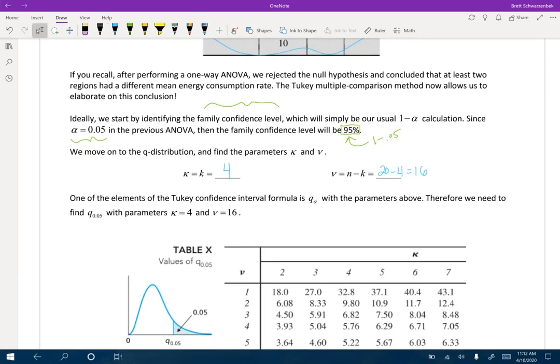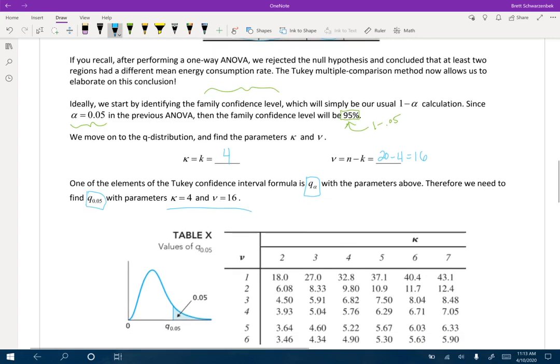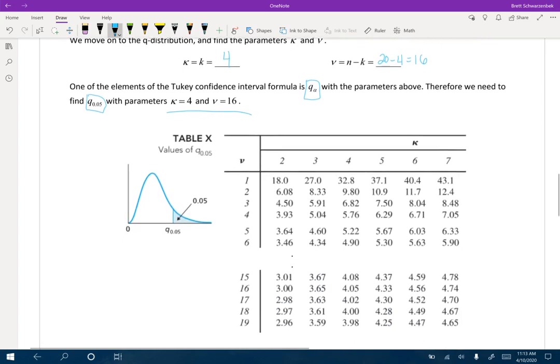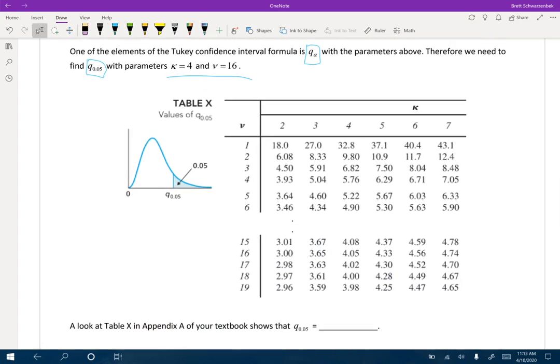So what are we looking up? We need to find the value of q sub alpha for our problem. So we need to find q sub alpha, which is 0.05, at 4 and 16 for kappa and nu. I just did a summary, then we'll go to the table in a second. So kappa and nu, we need 4 and 16.